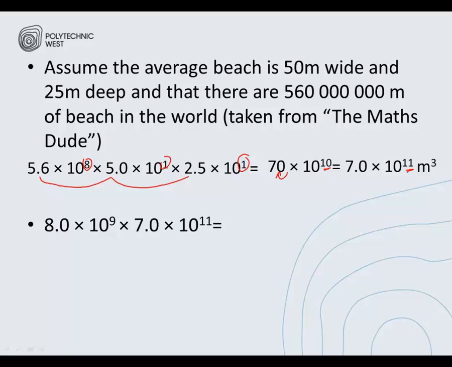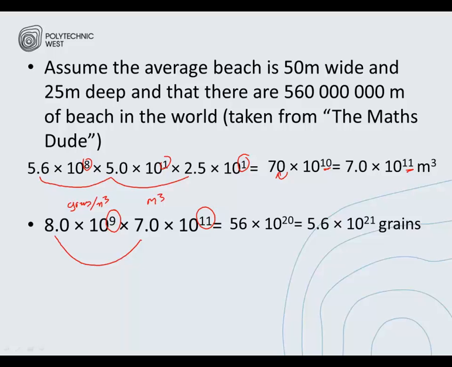Now this is the number of grains per cubic metre, and this is the number of cubic metres. Multiplying those two together, the cubic metres cancel out and we just end up with grains. So we multiply 8 by 7 and add the exponents. 8 by 7 is 56, and 11 plus 9 is 20.